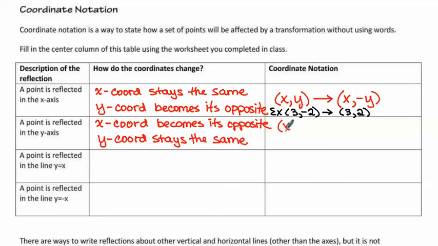So in terms of our points, we start with a point and transform it in the y-axis by changing the sign on x, but keeping y the same. So in this case, if we use that same point (3, -2), it says use the opposite of your x, so the opposite of 3 becomes -3, and the y stays the same, -2.